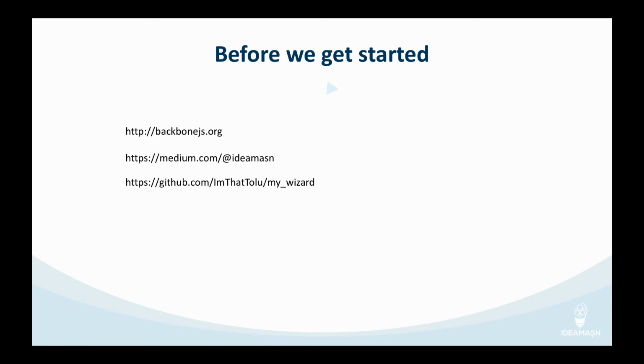Before we get started looking into the code, we're going to be looking a lot at the backbone.js.org website for definitions of functions and stuff like that, to get a better understanding of what we're looking at. I've also written a detailed blog about this talk at medium.com/IDEAMASHN. So if anything goes over your head or you miss some part of this talk, you can always go back and read up and look at the code samples.